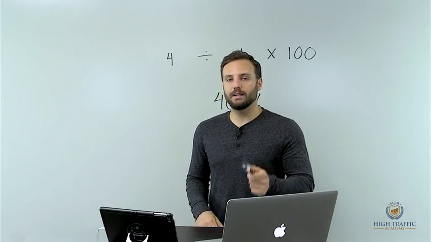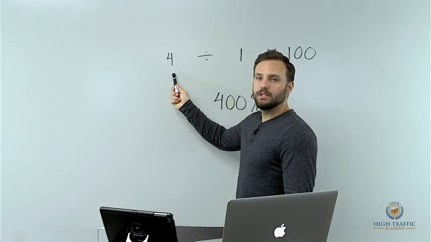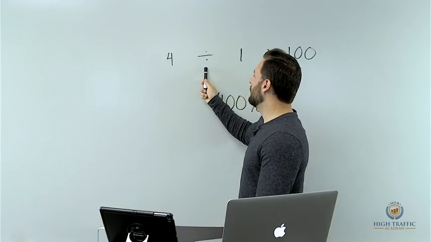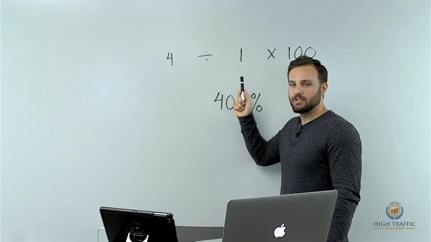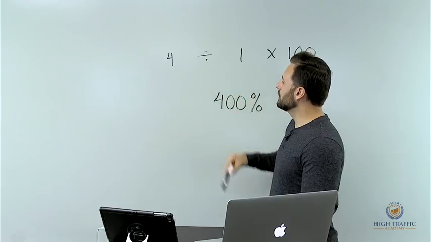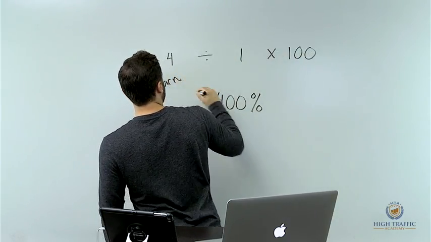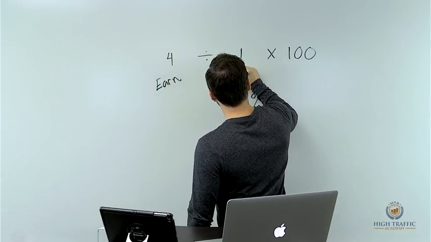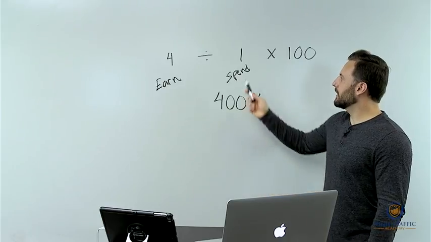So the way that you get to your percentage is you take the dollar amount that you need to earn divided by the number of dollars you need to spend on Google to earn that. So in this scenario, it would be $4 divided by $1. So earn, spend. So I want to earn $4 for every dollar I spend.